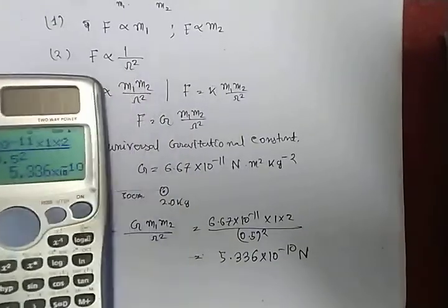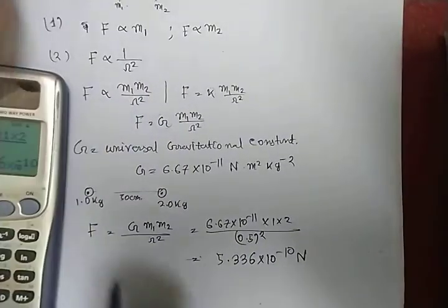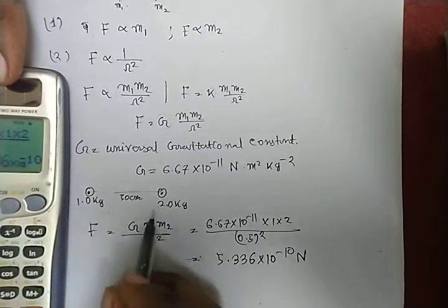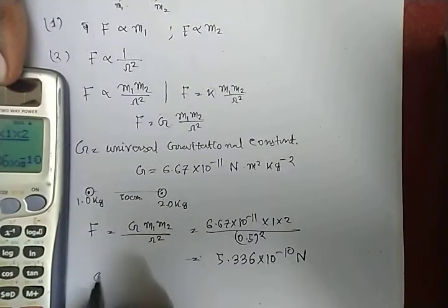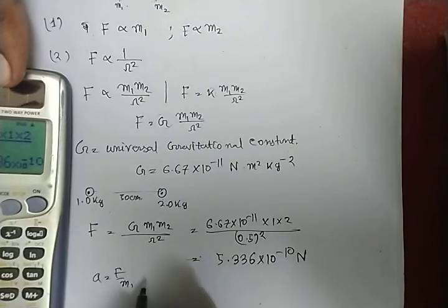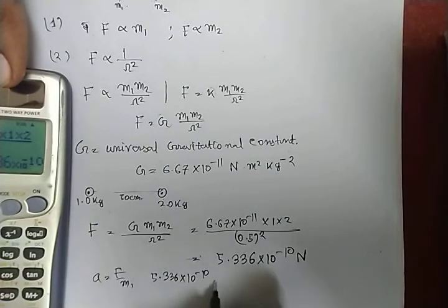And for the acceleration, considering the second object is at rest, we'll just find the first object's acceleration as a equal to F by m1. You see this is unit mass, that is 1 kg, so the acceleration will be 5.336 into 10 to the power minus 10 meter per second square.